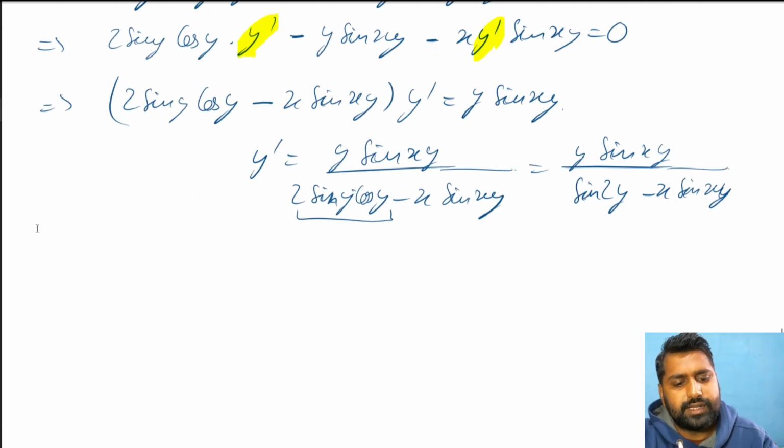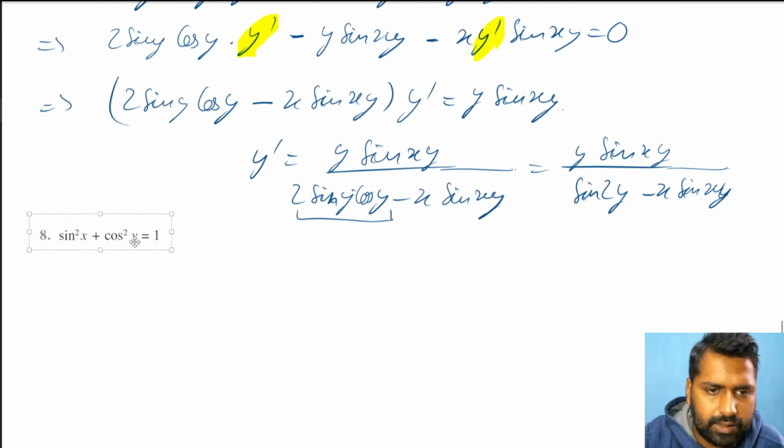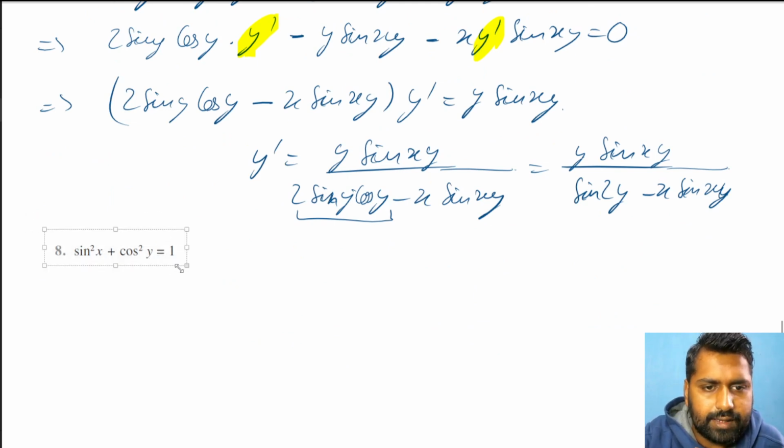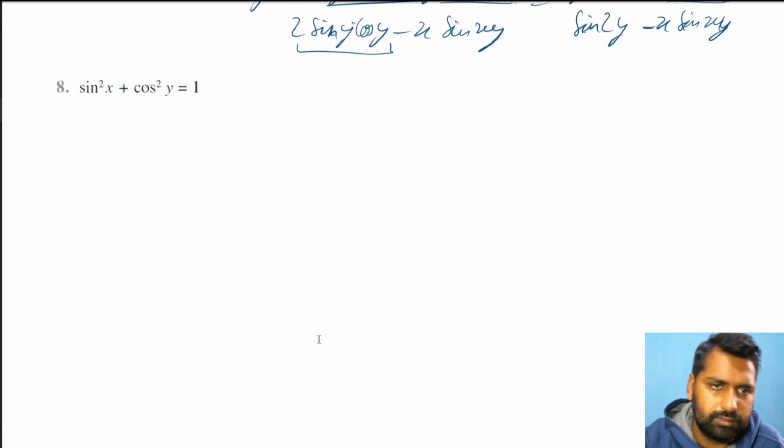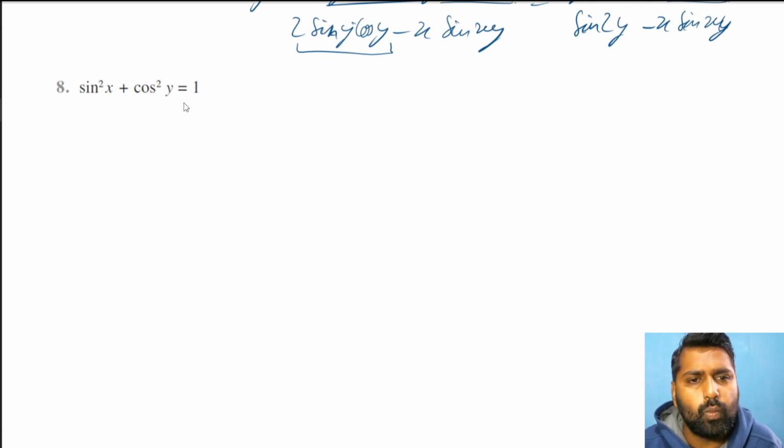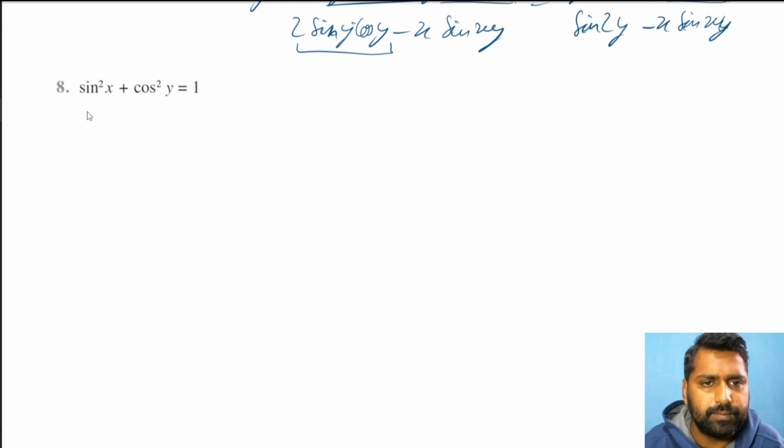Okay, so pretty much the same idea with the next one also. Sine square x plus cos square y equal to 1. So we have to differentiate this. Sine square differentiation, this time I'm going to write directly, considering it to be z, so it will be 2 sine x cos x.